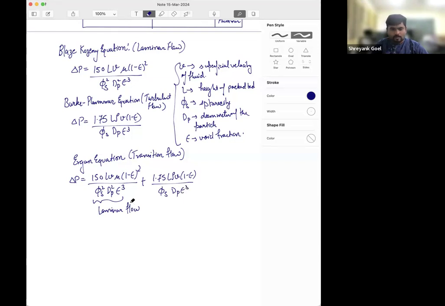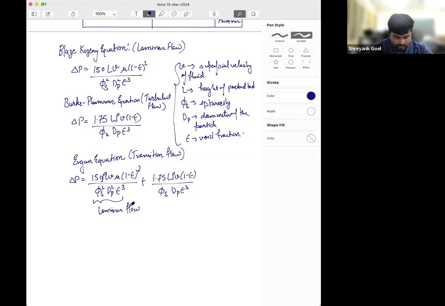I think the equations are correct. Rho is used here, and rho is of fluid. So where there is a rho, that is of fluid, and mu, viscosity, is of fluid.